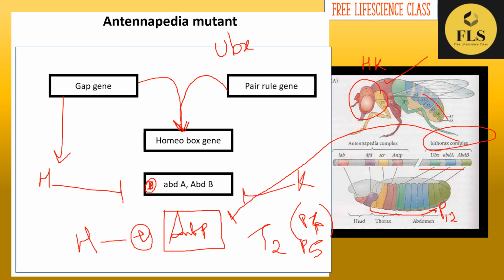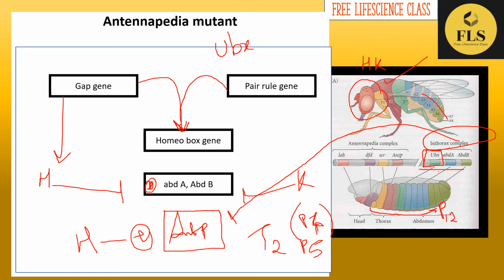So if ultrabithorax is deleted, then this antennapedia activity extends in the ultrabithorax region where the expression of ultrabithorax is found. And what will be the result? There will be the formation of a second thoracic segment. But it will not extend to the abdominal segment because there is abdominal A and abdominal B which will inhibit the expansion of the antennapedia gene.